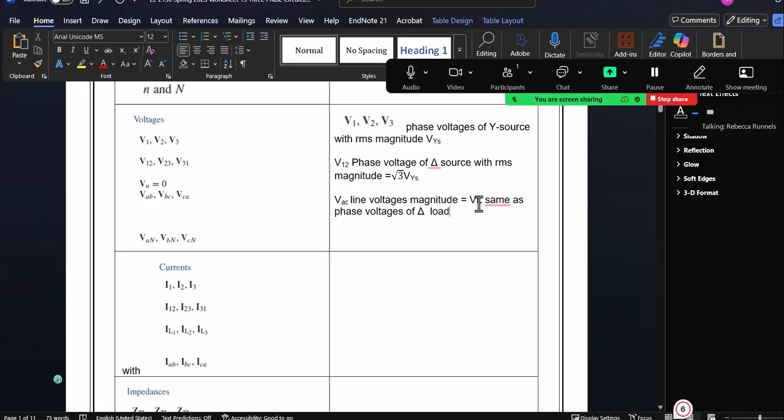All right, and then the last one here, the VAN, VBN, VCN, those are the phase voltages of the Y load.